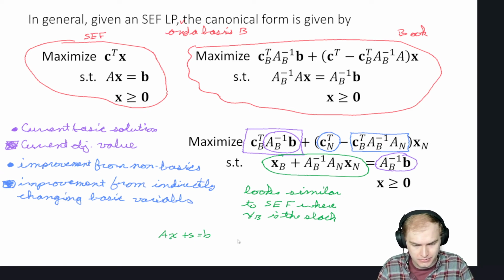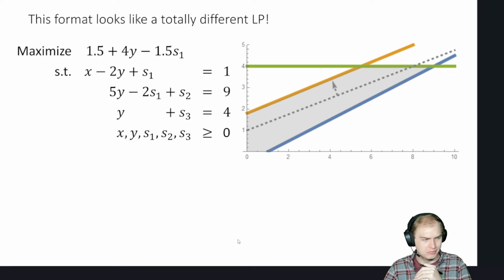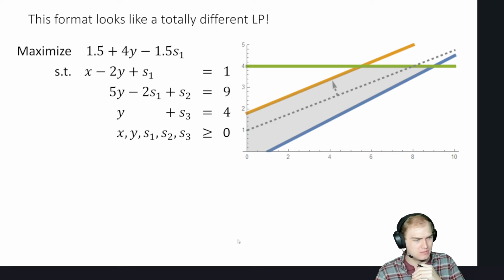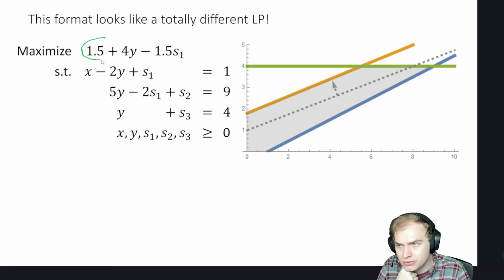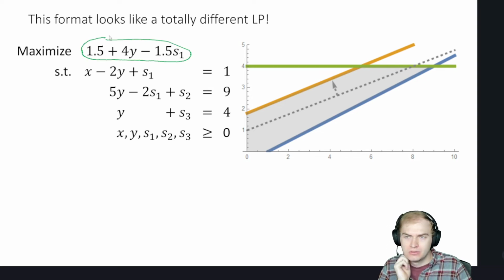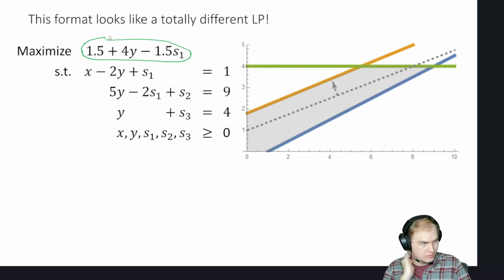So in that vein, we have what looks like a whole new LP, sort of. We have a new objective function, which we computed a couple slides ago.